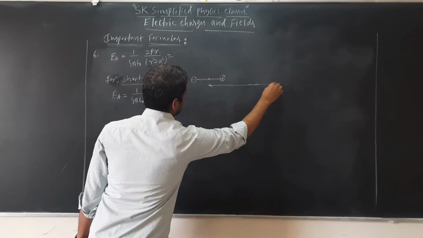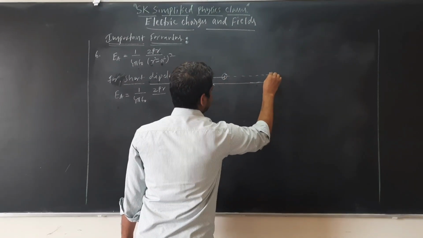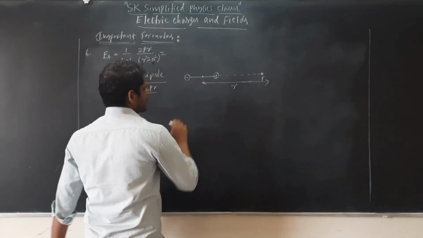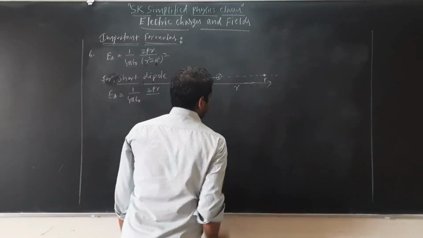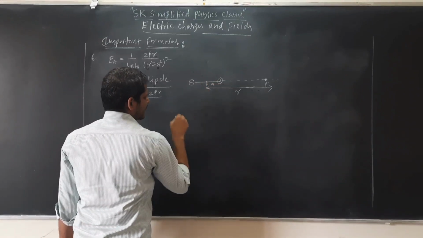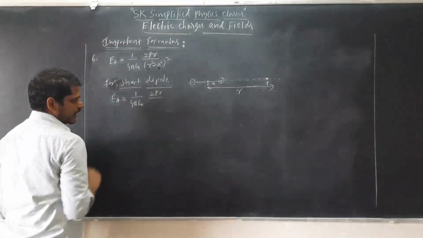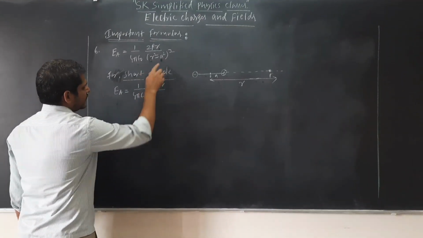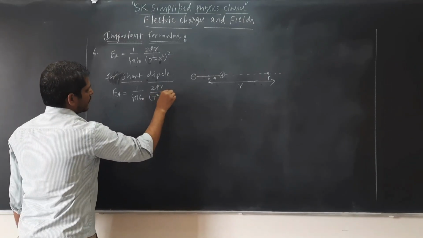Suppose we are calculating the electric field at this point. This is the distance from the center of the dipole to the point at which we have to calculate the electric field. When a is very small compared to r, a is neglected here. So then (r square) whole square.